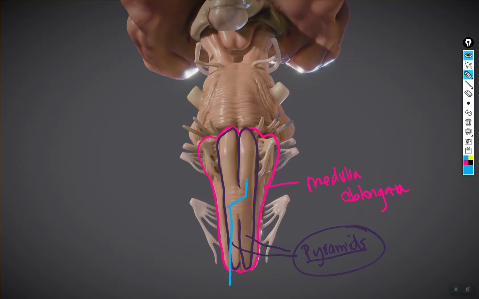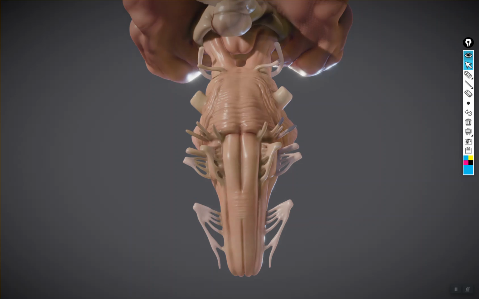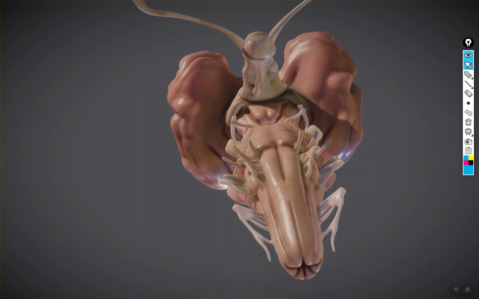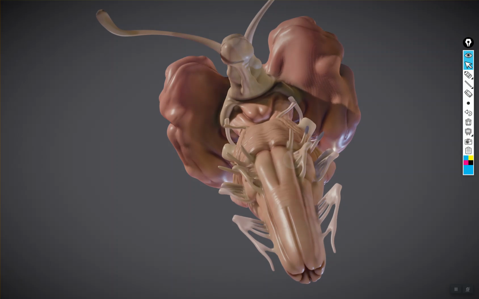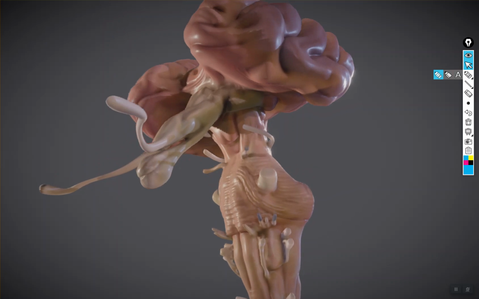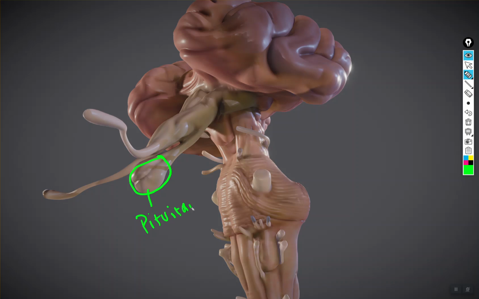Okay, so I'm running out of time because I've got to start lab soon, but before we do, let's take a look at some of this sticky-outy stuff. And I realize this looks like an alien. So this is the pituitary gland.